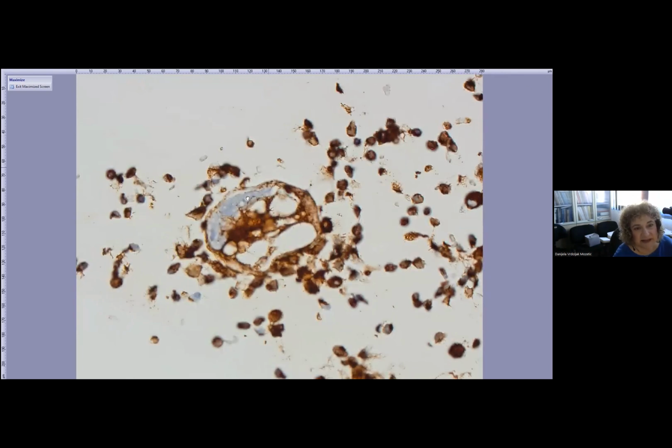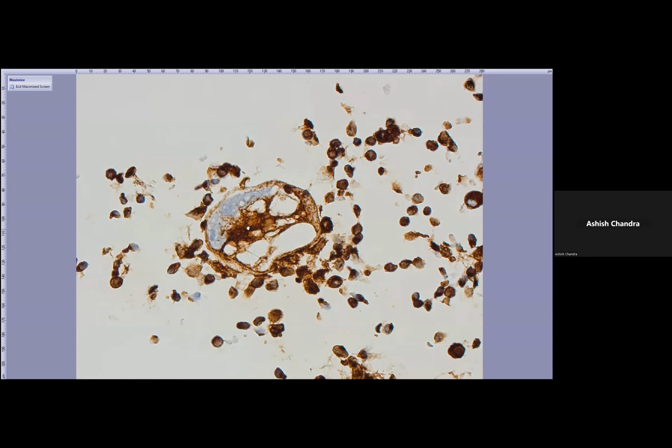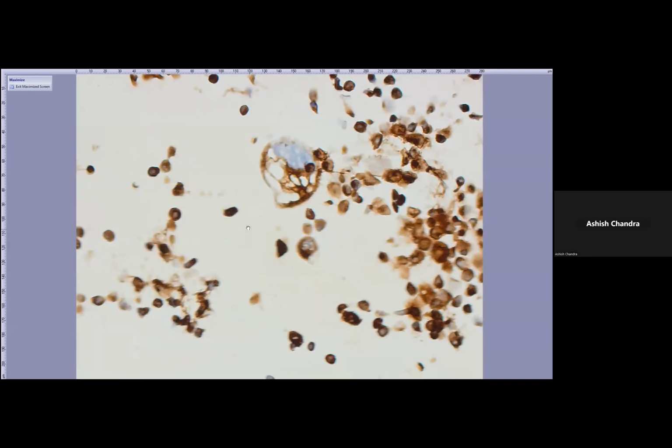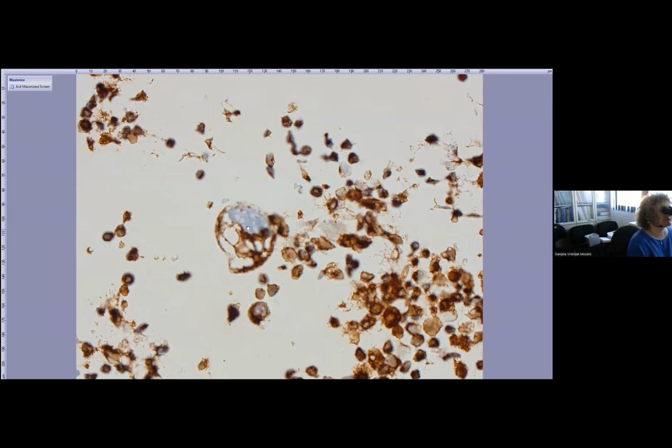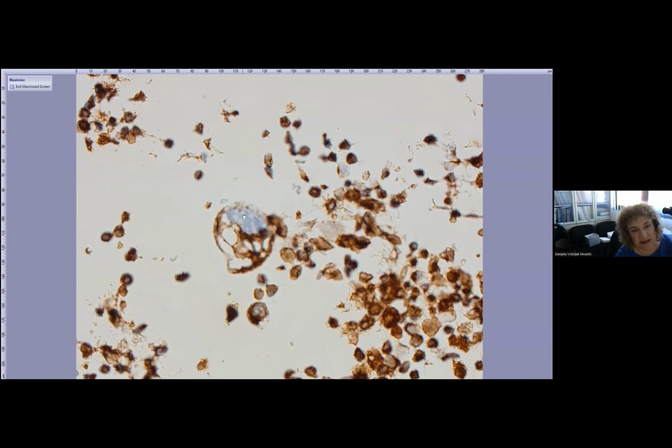This is malignant cell, big one. Nuclei, of course, are negative for vimentin, but you can see here cytoplasmic staining that is positive in this tumor cell. Also here. But in the background, you can see lymphocytes and macrophages that are also positive for vimentin, but also these tumor cells are positive.